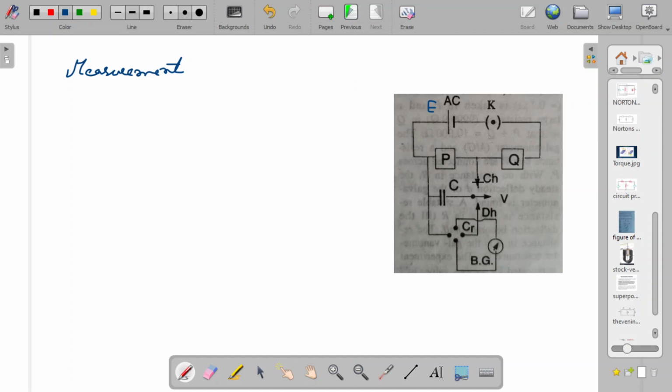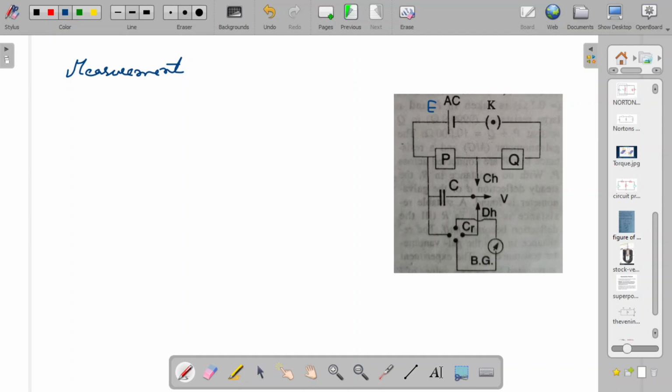Because of this voltage, current will be flowing through P and Q. The voltage across P can be used to charge this capacitor. If you keep this open and the charge key is put on, the capacitor is charged for a short time and then the key is removed, so the capacitor will be fully charged.